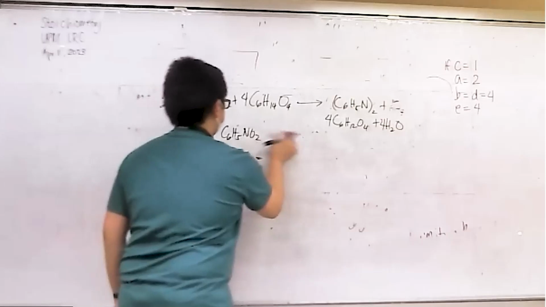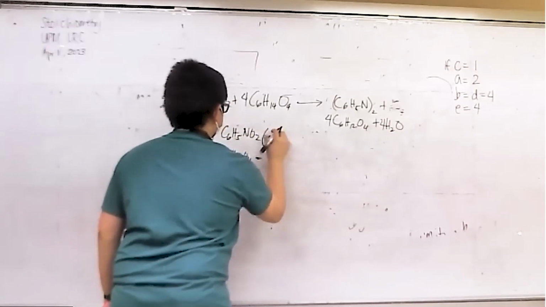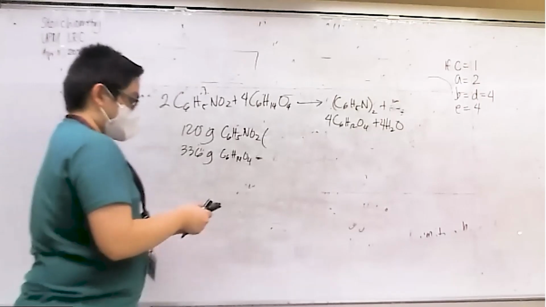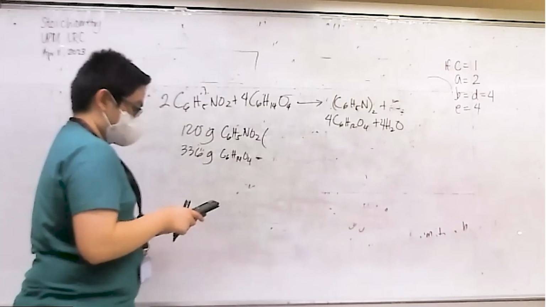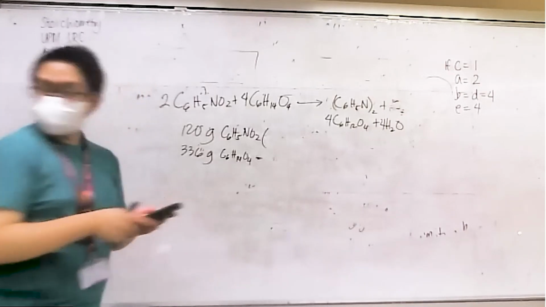Well, first, if you convert 120 grams to moles, that's 120 divided by 123.12.